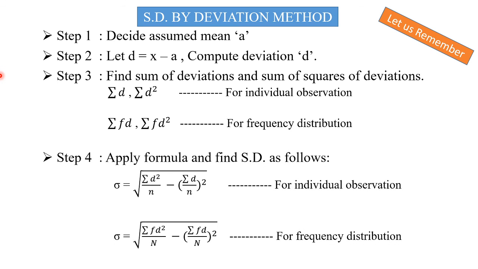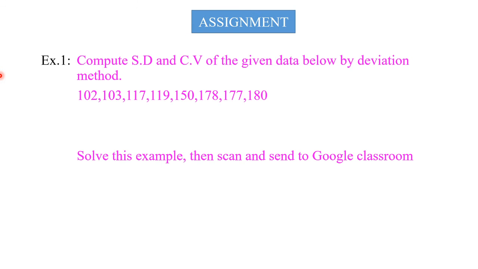Step number 4, apply the formula and find standard deviation. The formula for individual observation is sigma is equal to under root summation of d square by n minus summation of d by n bracket square, and the formula for frequency distribution is summation of fd square divided by n minus summation of fd divided by n bracket square.